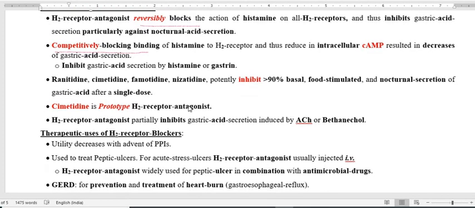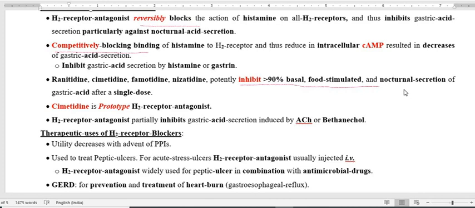They are going to inhibit, no doubt, more than 90% of the basal acid production or food stimulated acid production, but mainly these drugs are used for acid production occurring at night time.